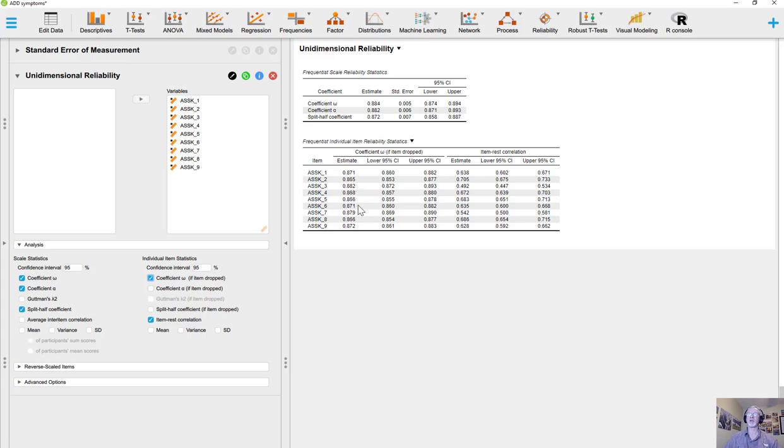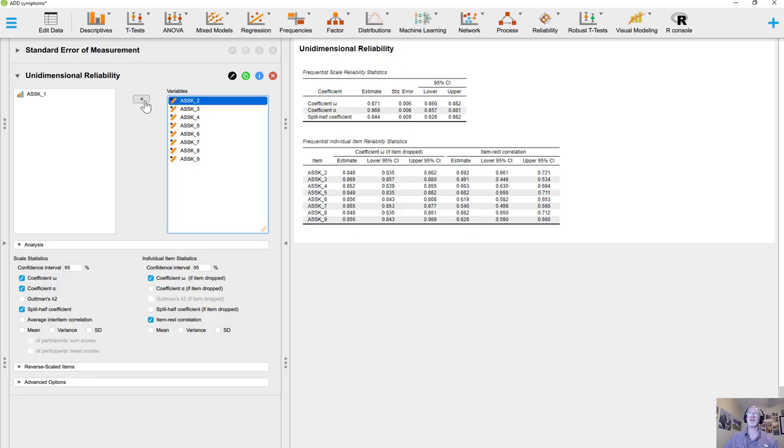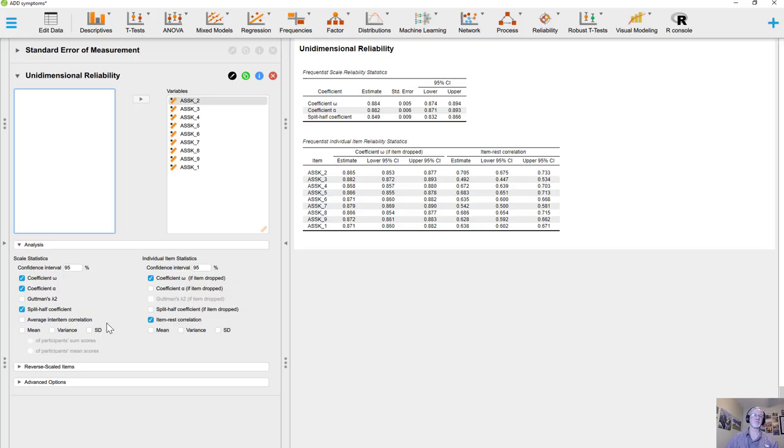No. All of these estimates are slightly lower, indicating that if I were to drop out item 1, my reliability would change to 0.871. Let's test that. And there you go, it's actually correct. It did drop to 0.871. So all of these items are valuable.